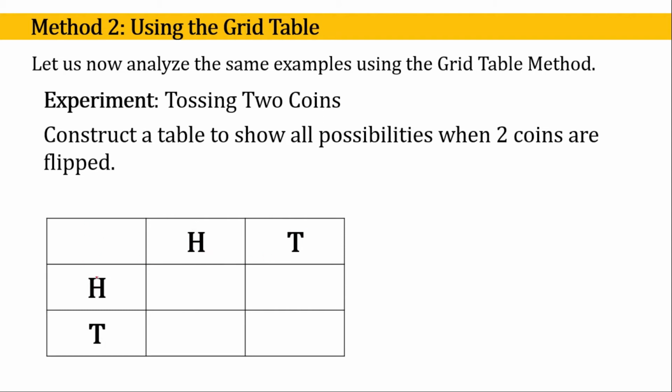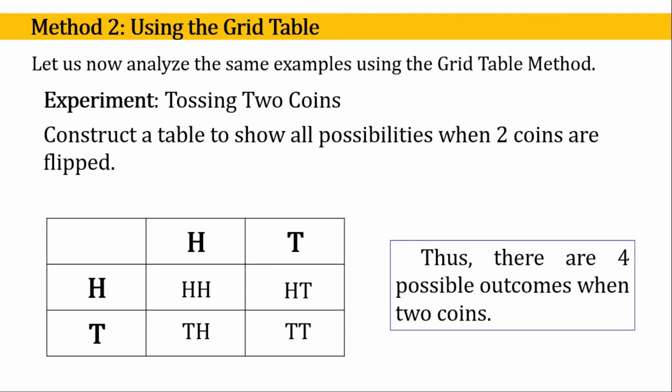On the initial row, we will write all the possible outcomes for the second toss. Then we will combine them together. So all in all, we only get four possible outcomes as well, same as using a tree diagram.